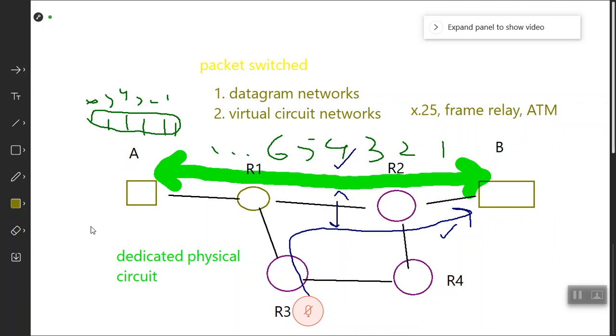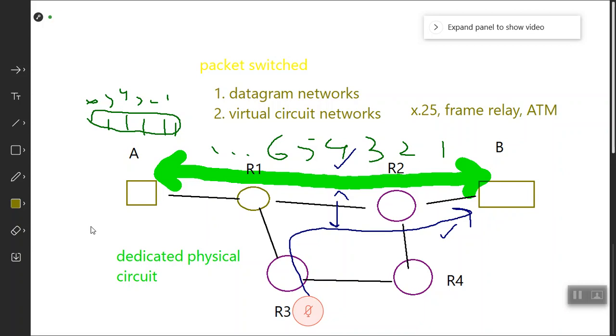It has some disadvantages in the sense that, for example, routers that we use in networks are not as powerful as compared to this one. So it means virtual circuit switching equipment needs to be more powerful than the datagram networks.